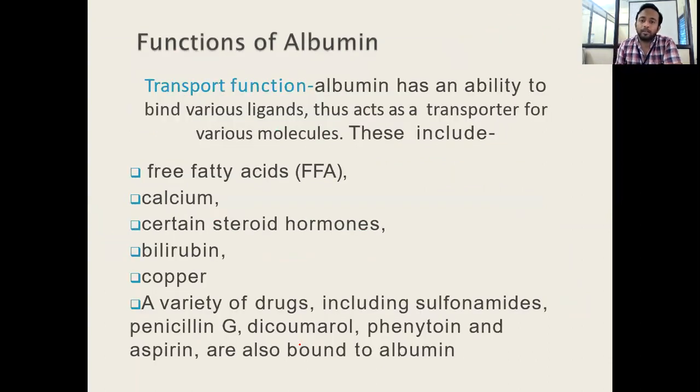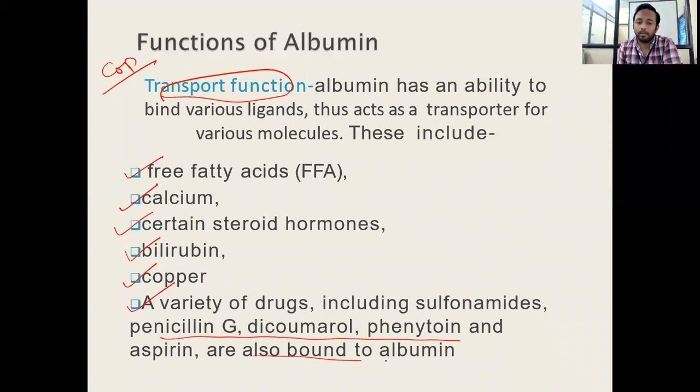Apart from colloidal osmotic pressure, albumin helps in the transport of fatty acids, calcium, bilirubin, certain steroid hormones, copper, and other drugs. Various drugs are also carried by binding to albumin. Albumin acts as a lorry.